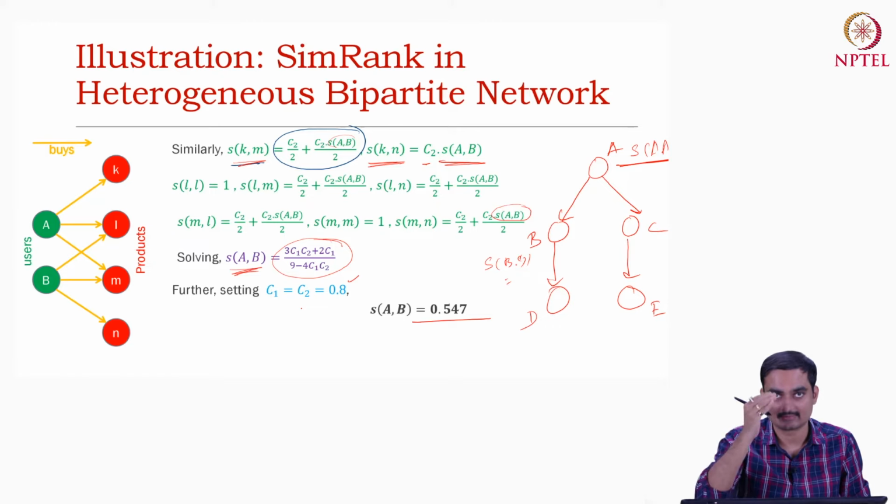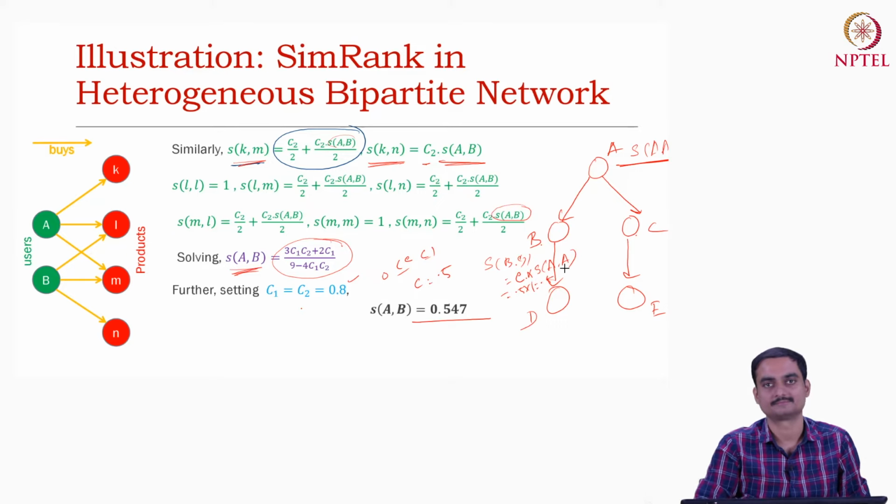Now this lesser factor is this constant C. It ranges between 0 and 1, and let us say this is 0.5. So similarity of BC is C times similarity of AA. So 0.5 into 1 is 0.5. So the similarity of BC is less than similarity of AA.